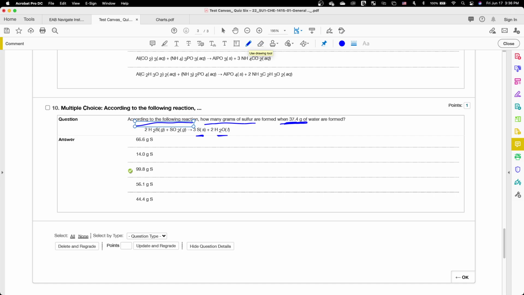Okay, so since the only number you have here is the water, we'll start with that, right? And of course, my pen mark blocked it, and I can't read what it says. There we go. So 37.4 grams right there. Okay, so we start out with 37.4 grams of water.